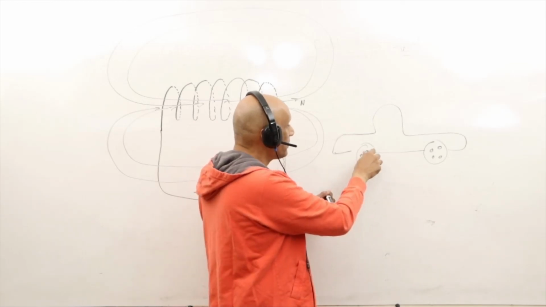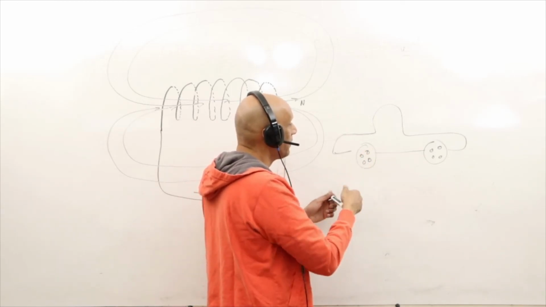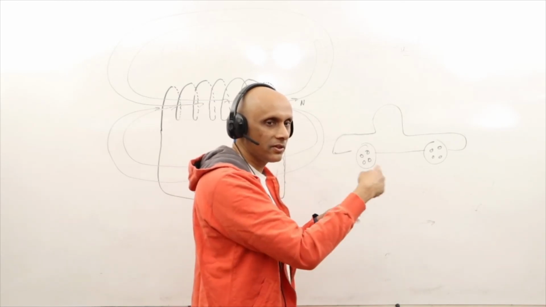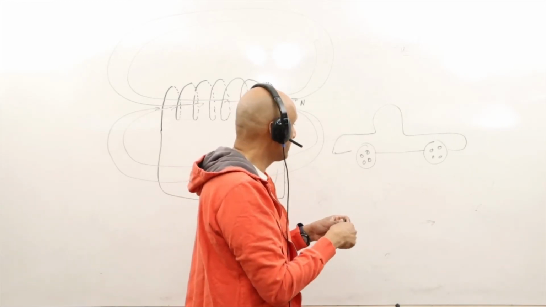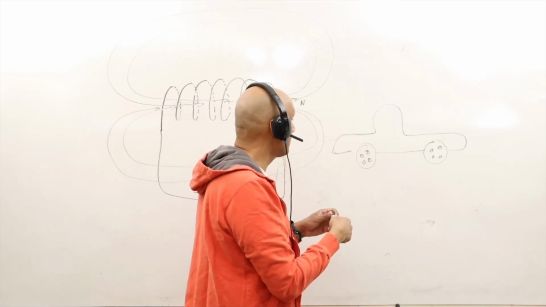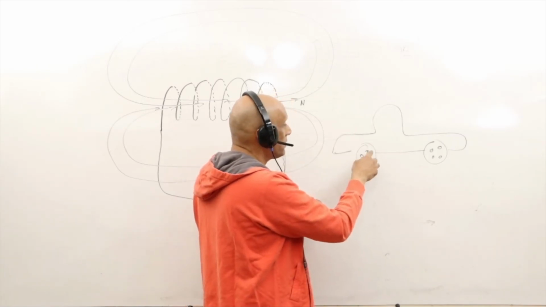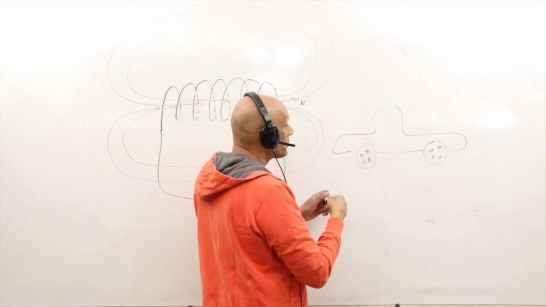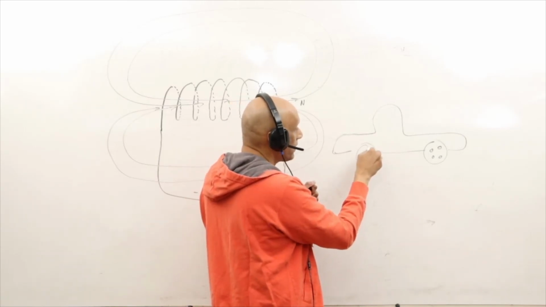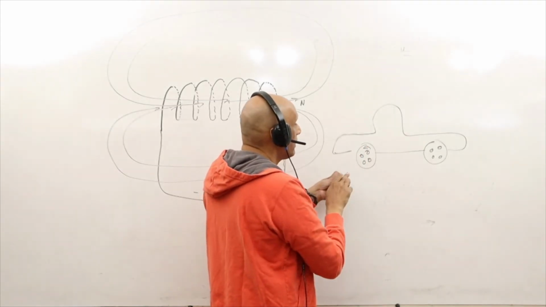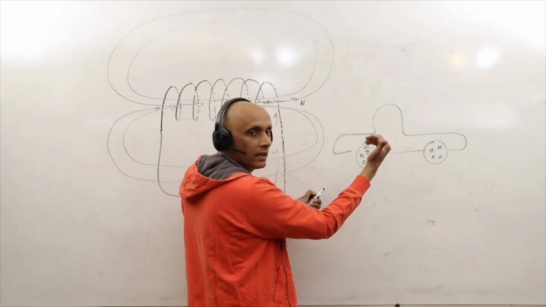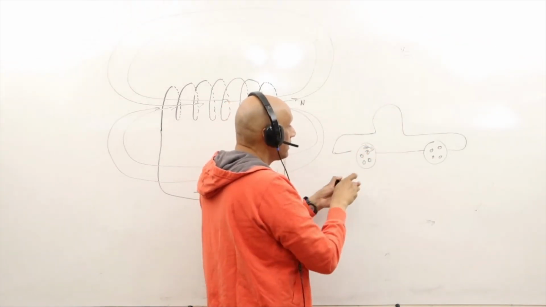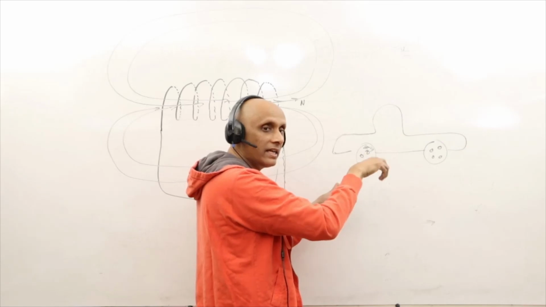The question is, how do I take this nut out? If it's a right-handed screw, right-handed threads, and that's the bolt, what do I do to pull it out? If I take my right hand and I turn this way, so here's my wheel, and take one of the nuts and I turn this way, it'll come out. If I turn the opposite direction, it'll go into the board, so it'll tighten the wheel.